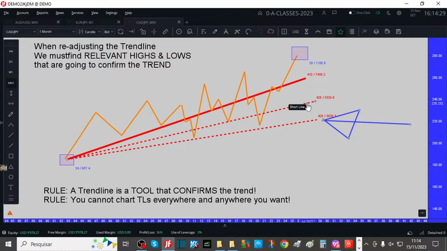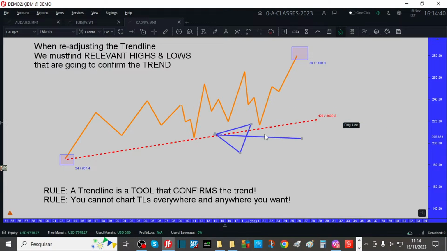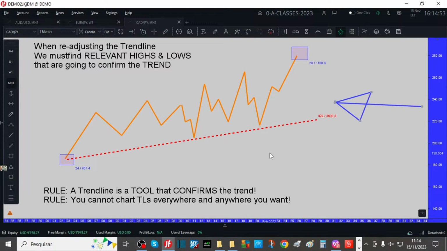So if I get rid of this one and I get rid of that one, would now this trend line confirm the uptrend, the messy market up and down, higher highs but then lower lows, lower highs, extensions, retracement extensions?